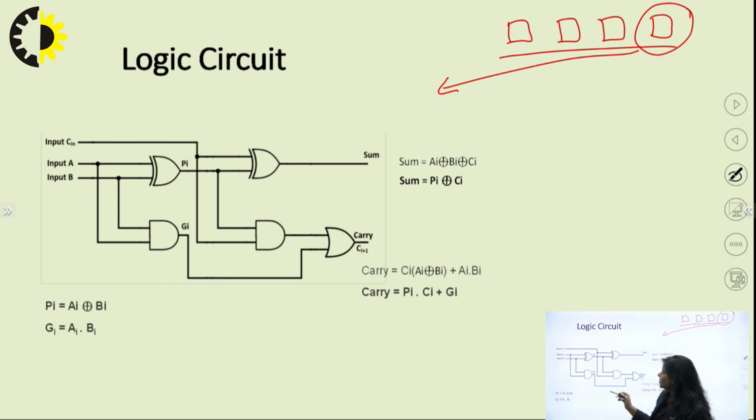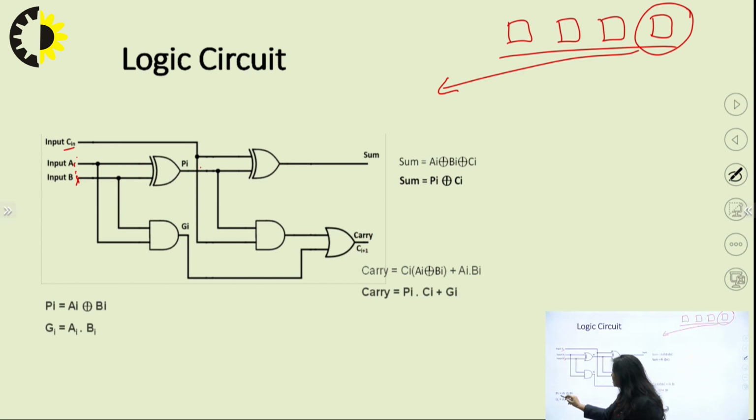So we are going to understand what this first single part is saying. Here we can see we have three inputs: C in, A and B. If we are dealing with only a single part, we can write A and B, but here we can see that we have 4 circuits in the diagram, so I can write it as AI and BI. Okay, so let's start with this A and B input. What is PI saying?